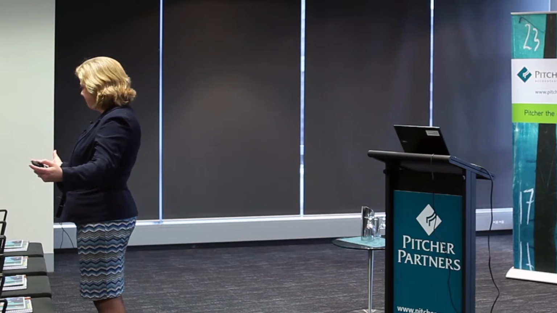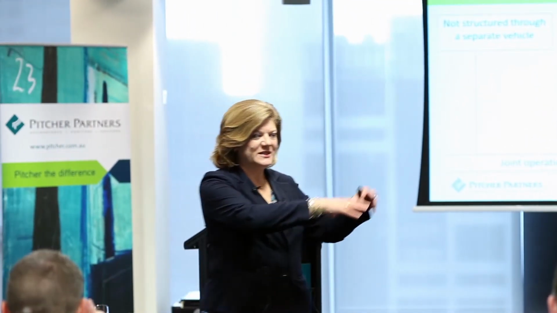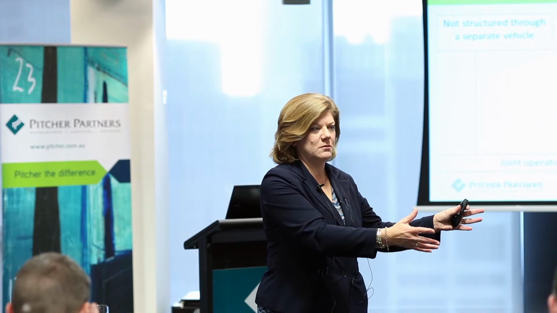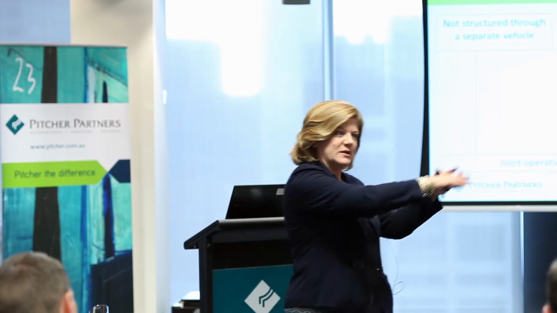It's all about joint operation, joint venture, and whether you've got an interest in net assets or an interest in individual assets and liabilities. There's still this question: if this joint arrangement is structured through a separate vehicle, what does that mean? If it's a separate partnership, a separate company, something out there separate, does that automatically mean we've got a joint operation or a joint venture?